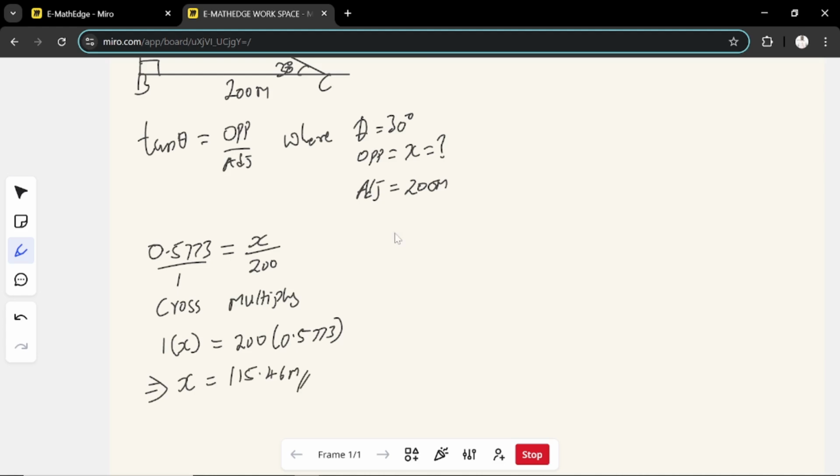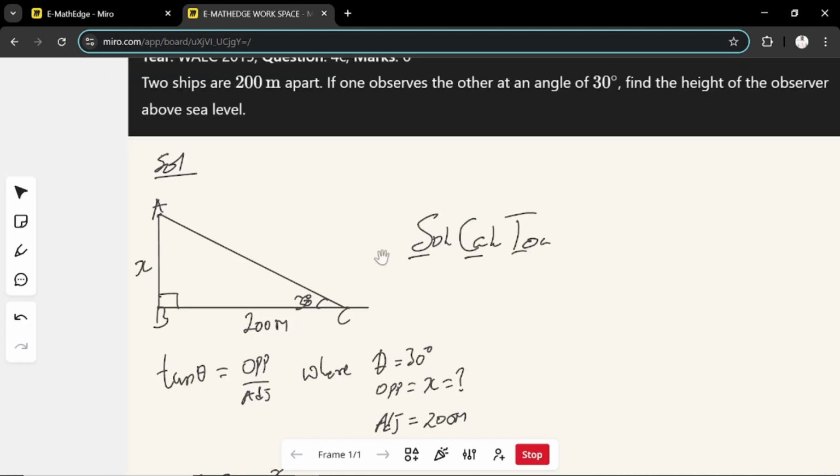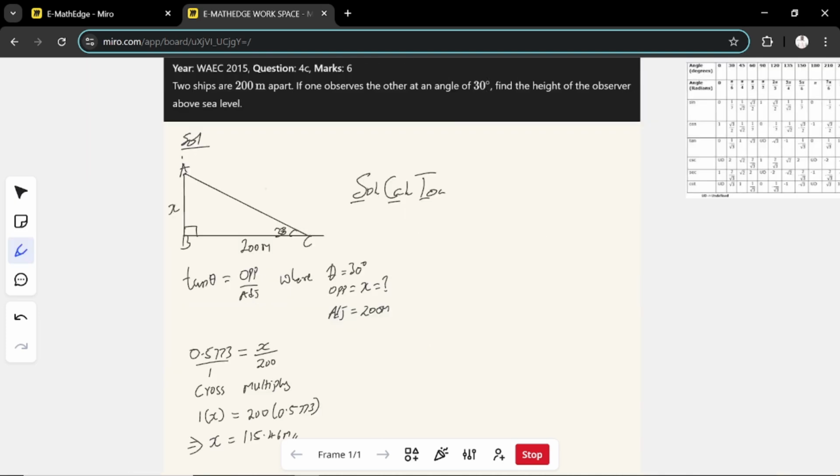So that's the value of x, which is the opposite, which is the same thing as the height of the observer above the sea level, which we were asked to obtain earlier, which is equally the length from point A down to point B.